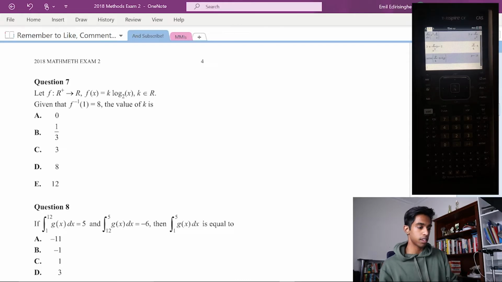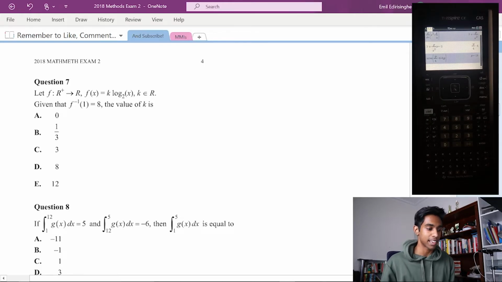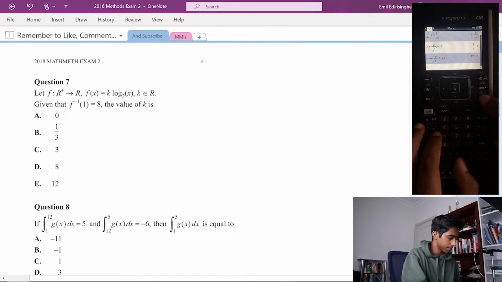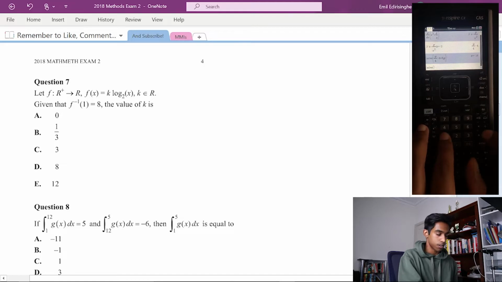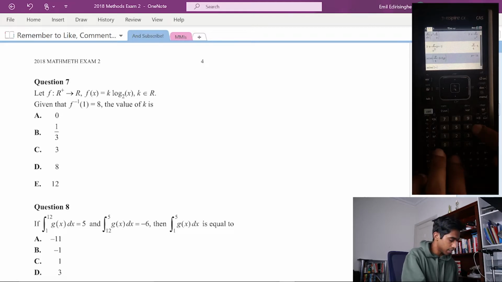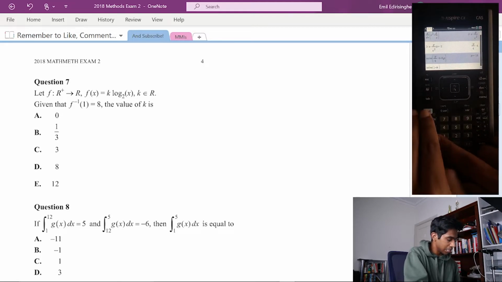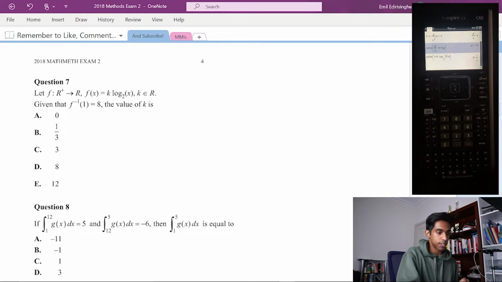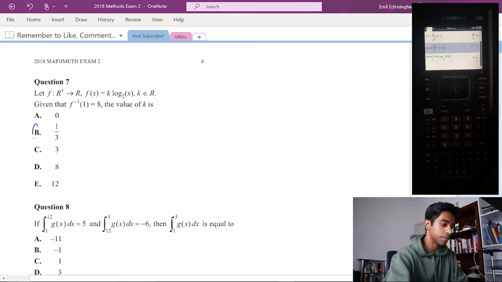So here what I'll do is I'll let 8 be x and 1 be f of x in this, and then just solve for k. So we've got 1 is equal to k times log base 2 of 8. That gives us k equals a third.